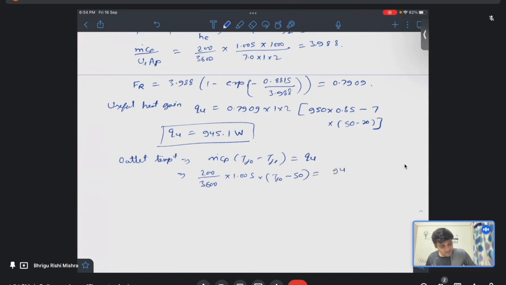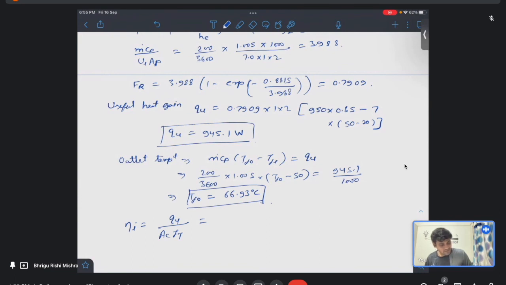QU we have just calculated, 945.1 watt by 1000. If you solve this you will get TFO equals 66.93 degrees centigrade.